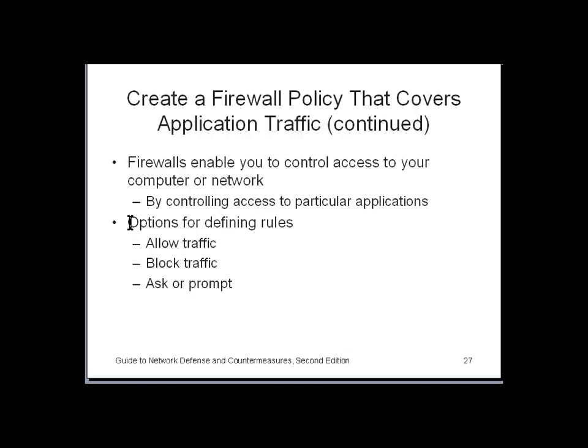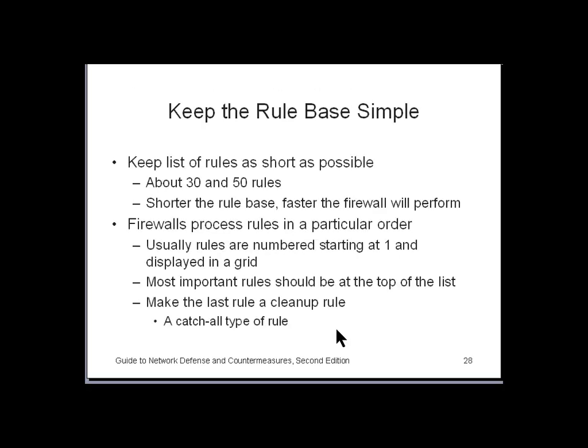So we've already talked about options for defining rules. We allow traffic, we block traffic, or we ask or prompt. That's usually used for host-based firewalls. We want to keep the list of rules as short as possible. And that really depends. You can have 5 rules or you can have 100 rules.